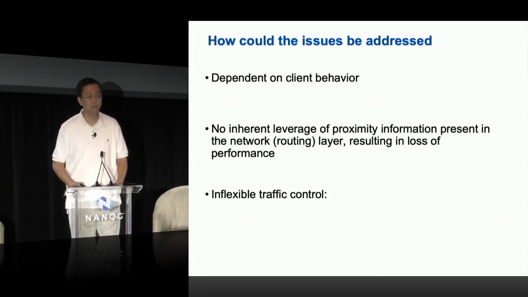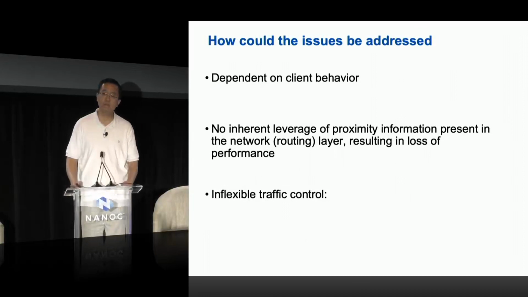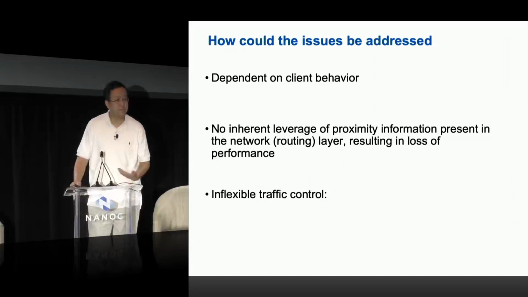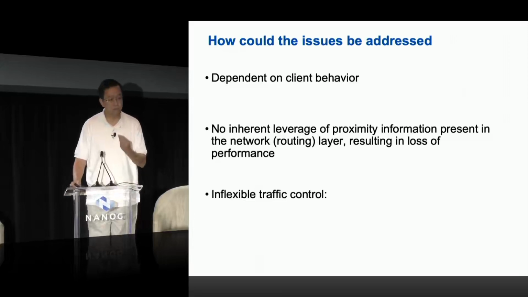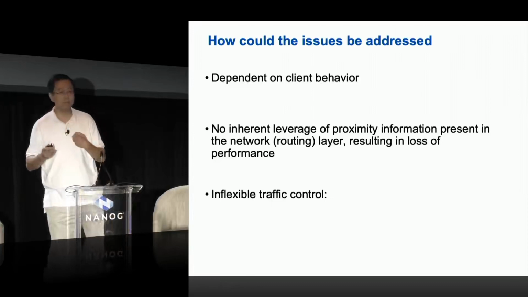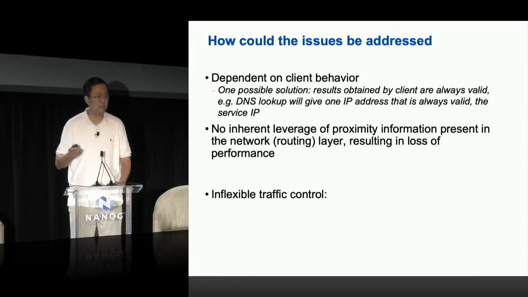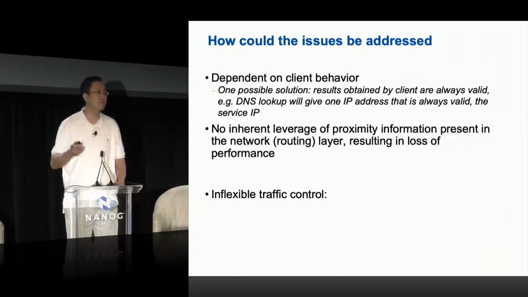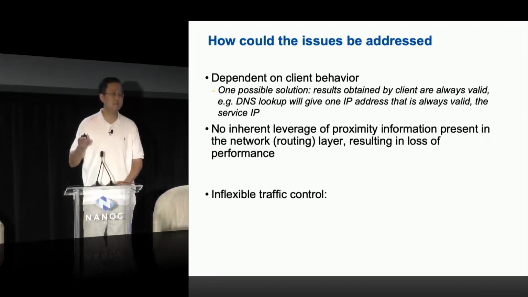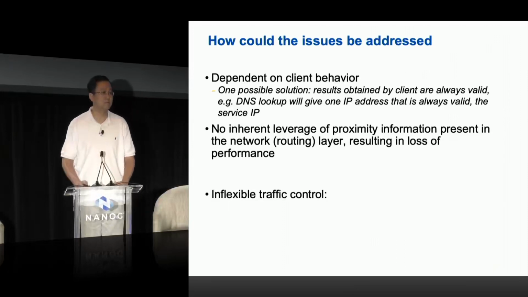So, in our understanding, how could these issues be addressed? Well, one problem of the dependency on client behavior is that the resource that the client needs can change over time, right? But what if, in this whole stack, we provide, say, an IP address that should always be valid as long as there is a server there that can provide the service. So we go down the layer. We don't use a layer 7 mapping to provide redundancy of resource.